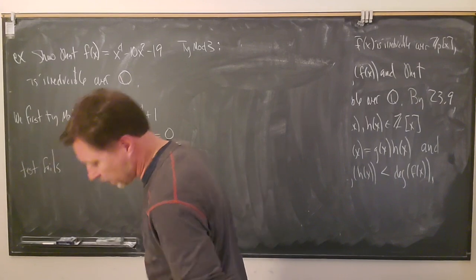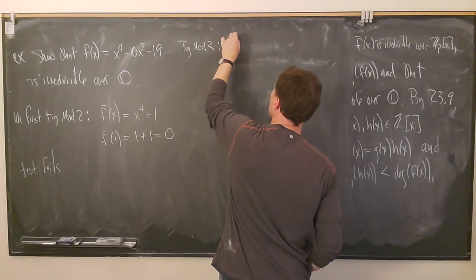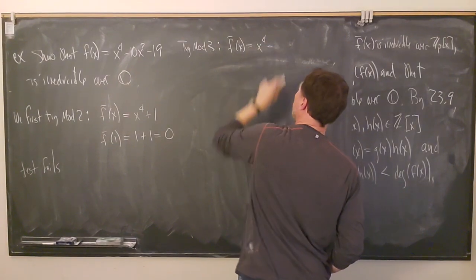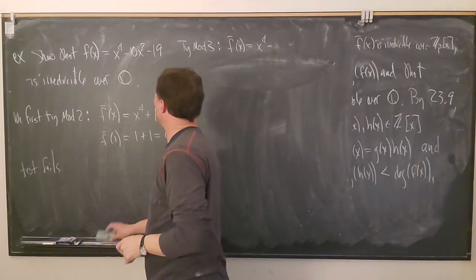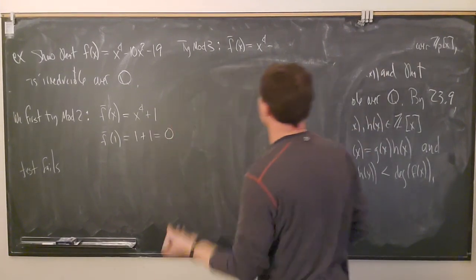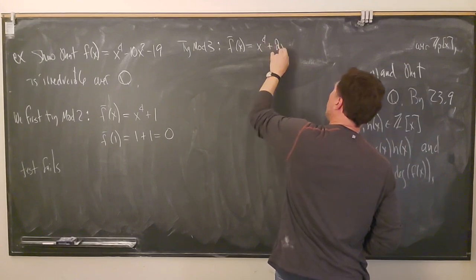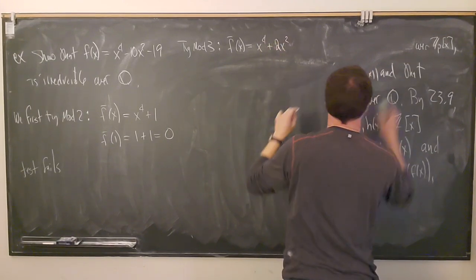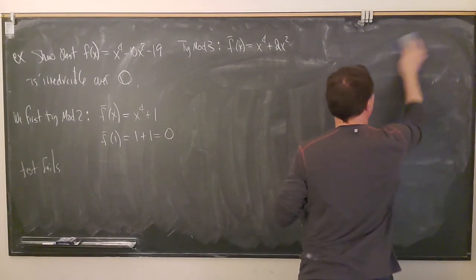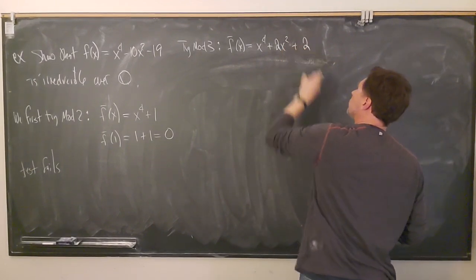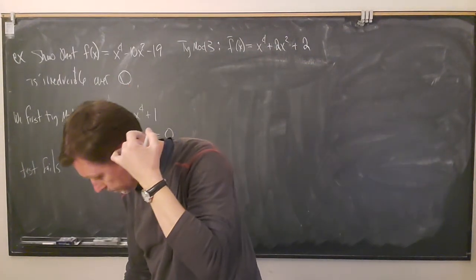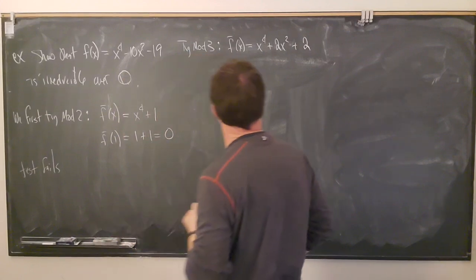So first, f bar of x, that'll be an x to the fourth, mod 3, so that's a -1. I'll write it, -1, which is +2, so plus 2x squared. And then if I reduce 19 mod 3, that is also -1, so that'll be a +2. All right. Now you can just run through the elements.